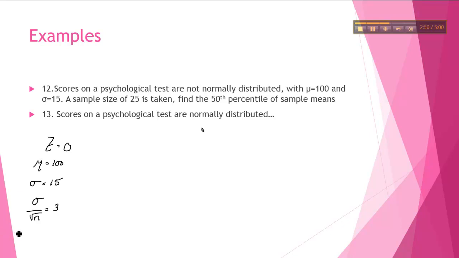So we're looking for our x bar, the 50th percentile. I have this formula, right? Z equals x bar minus mu over this standard error. So I need the x bar. I know z is 0, and my mu is 100.